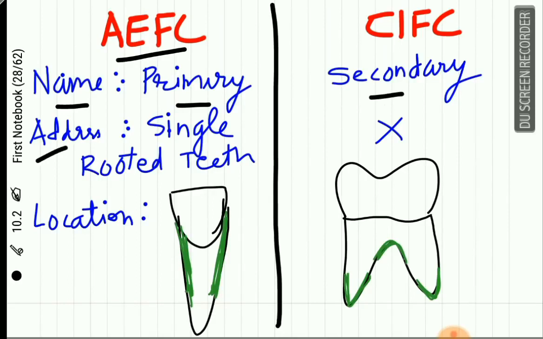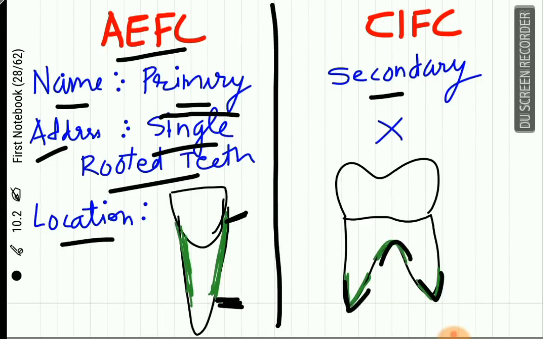AEFC is mainly found in the single rooted teeth, and in the single rooted teeth you can never find CIFC. Where exactly is the AEFC found? It is present from the CEJ to the end of the middle 1/3 or start of the apical 1/3 region of the tooth, while the CIFC is mostly present in the apical area and in the interradicular area.